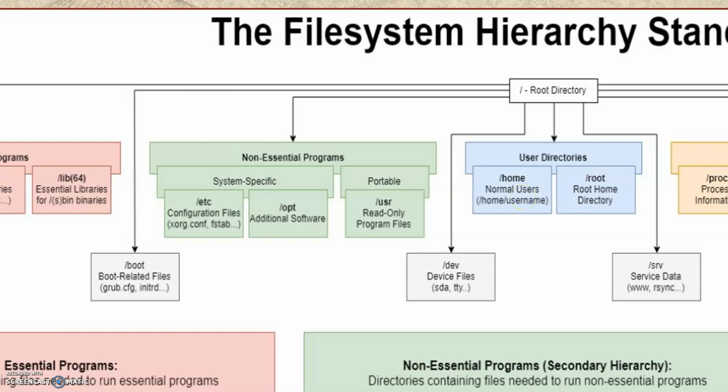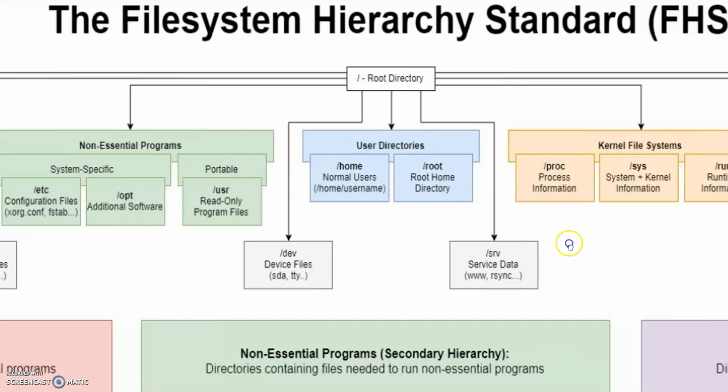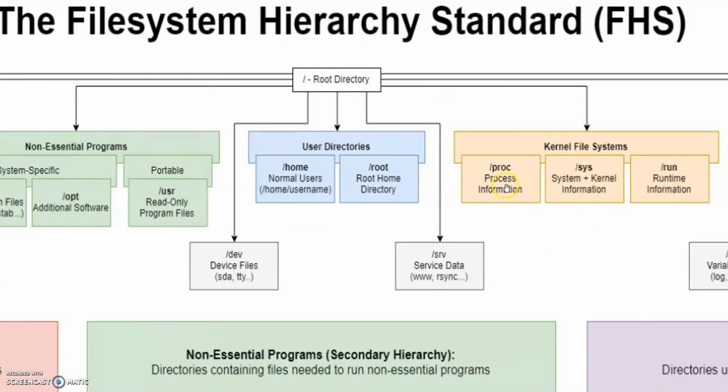When you create a user, a folder also gets created under this directory with the home username. Then you have the root directory and the kernel file system, that is proc. Then you have sys, with runtime information and process information.